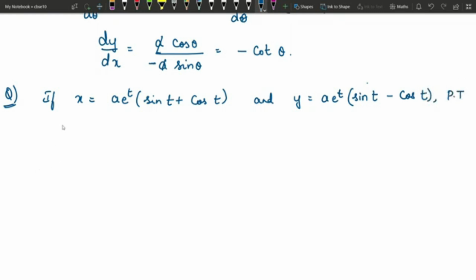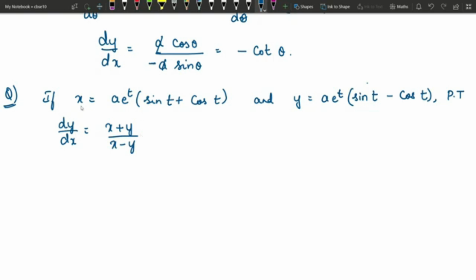Prove that dy by dx is equal to x plus y divided by x minus y. So this is a typical 4 mark question. We will see how to solve it.